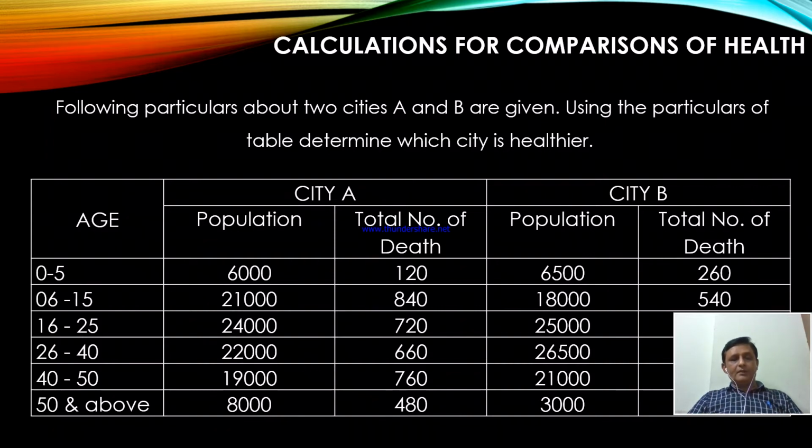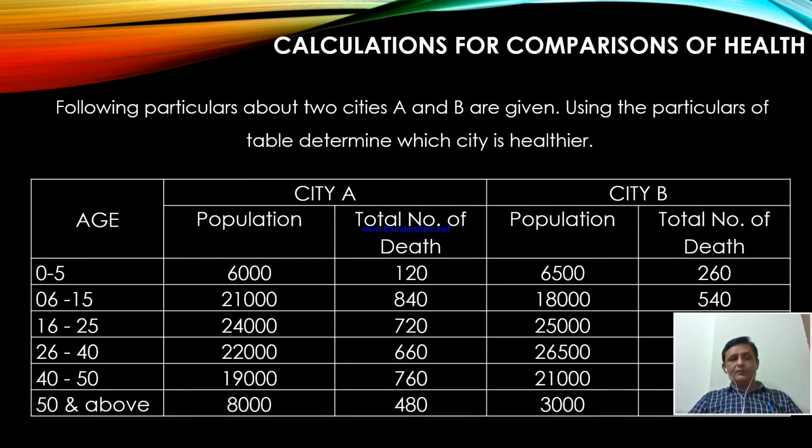Let me talk about the second column, which is given for city A as population, and the next is total number of deaths. It is clearly mentioned that for the age group 0 to 5, the total population of city A is 6,000, whereas for the same age group, total number of deaths in city A is 120. That means in a total population of 6,000 there are 120 deaths.